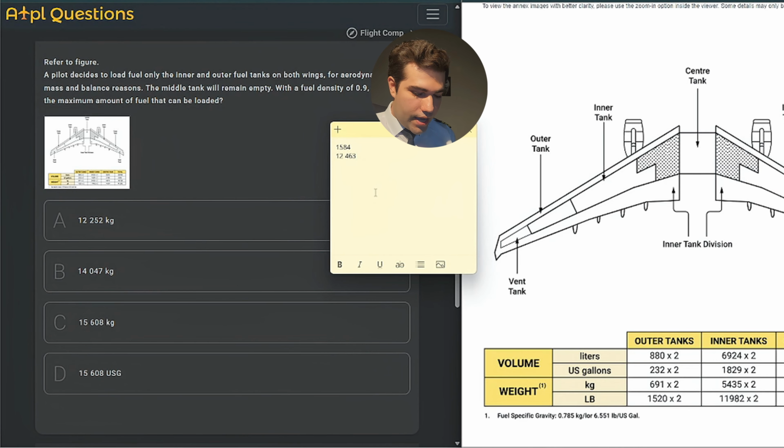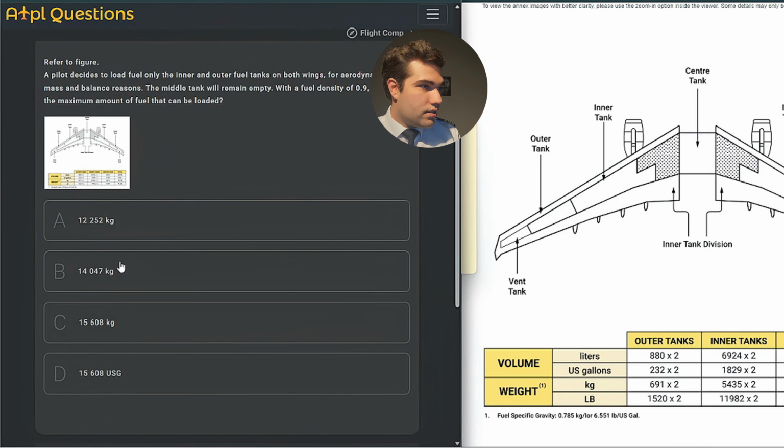Okay, so if I add these numbers together, 1,584 plus 12,463, which will give me 14,047.2. So 14,000. The answer will be B.